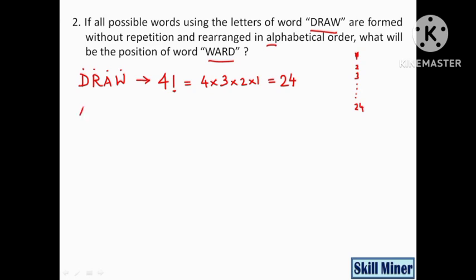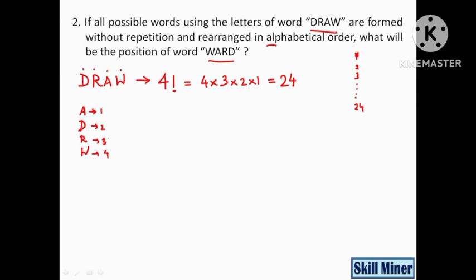First A comes, then D comes, then R comes, and then W comes.